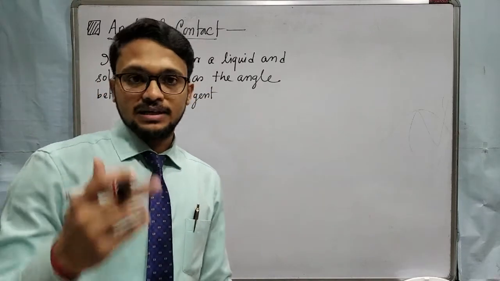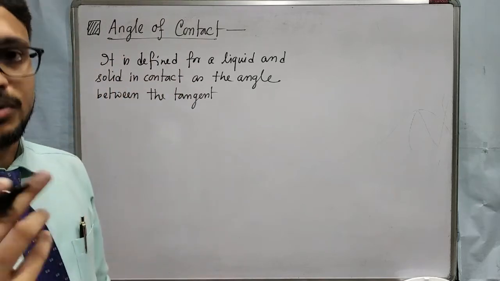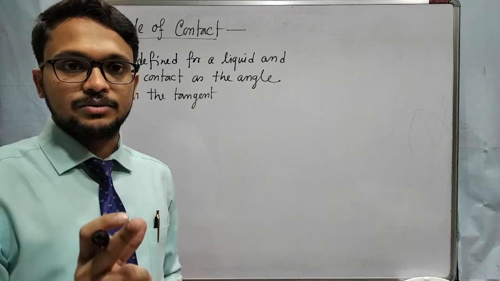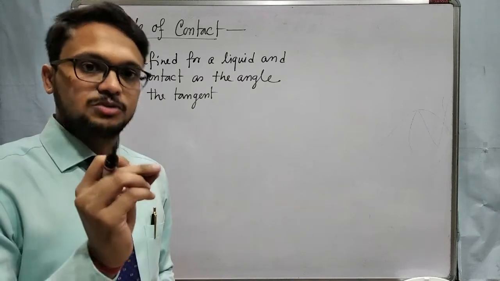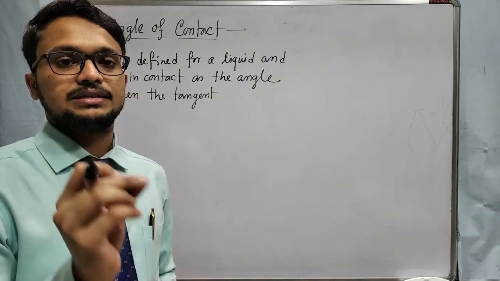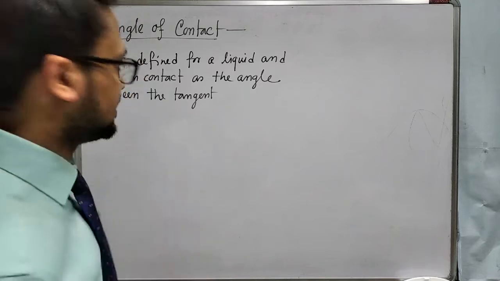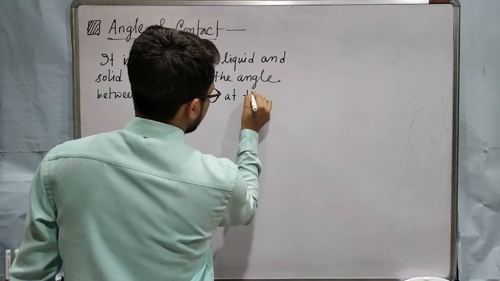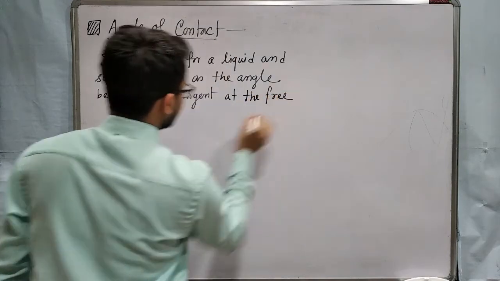Tangent to the free surface of liquid. Where will you draw the tangent? At the free surface of liquid, and at those points of the free surface of liquid which is in contact with the solid.